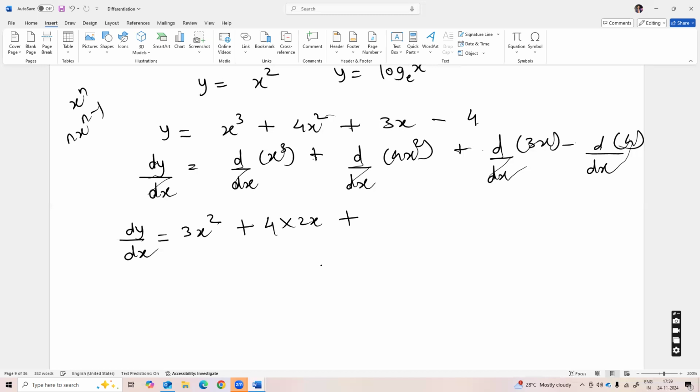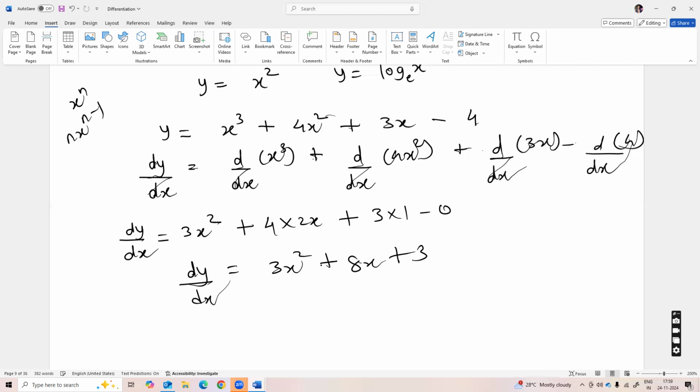Similarly, for 3x, 3 will come out, and for x, the derivative is 1. And since 4 is a constant, its derivative is 0.